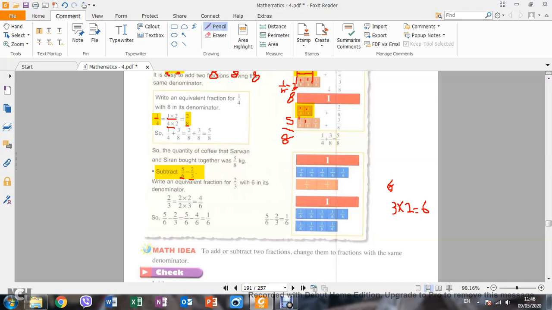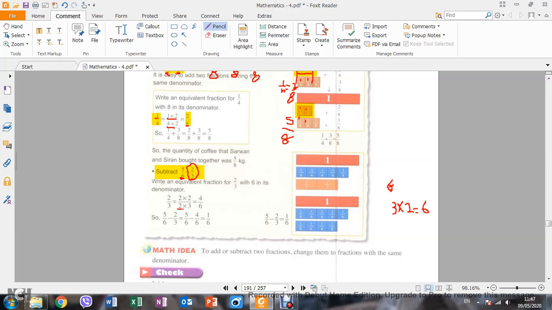Okay. So we can change 3 to 6. At that time, what you need to do, you should change 2/3, this one, to denominator 6, because the other one is 6. Okay, we change this unlike denominator to a like denominator. So 2/3, we multiply by 2.